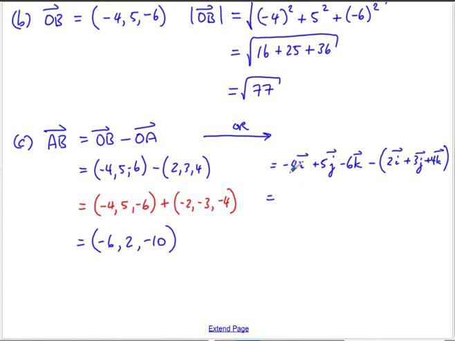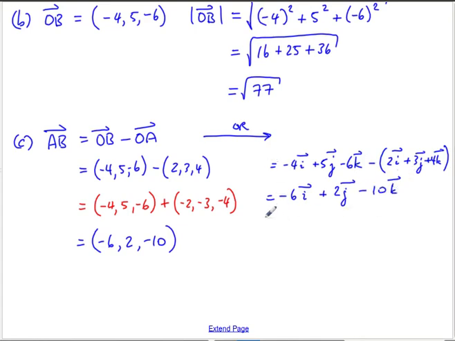Then I combine those together, and I'm going to skip the middle step this time. I'm just going to distribute the negative sign into the bracket as I go. So negative 4I minus 2I is negative 6I. 5J minus 3J is plus 2J. And negative 6K minus 4 more K is negative 10K.